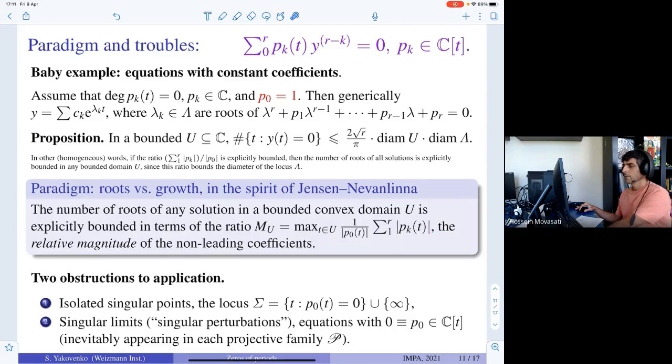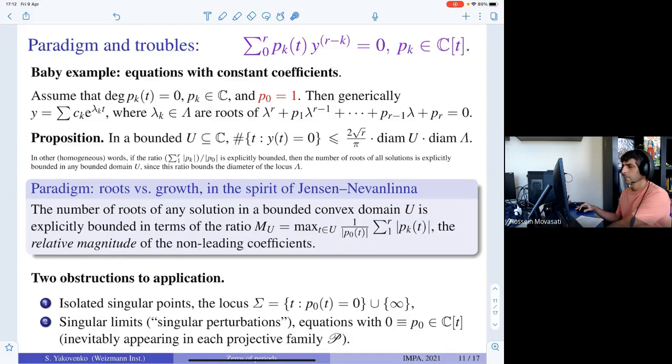So assume now that our coefficients are variable, but all of them are bounded in our domain U. And the leading coefficient is non-vanishing in U, which means that there are no singular points, because roots of P0 are exactly singular points of the equation. Then we can form this ratio, and it will be a relative magnitude of the non-leading coefficients.